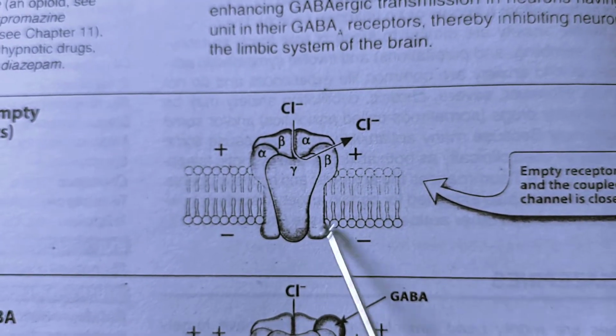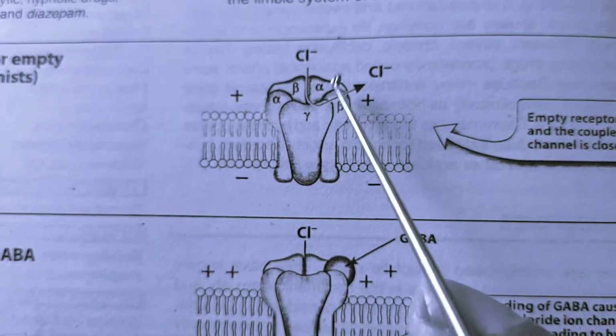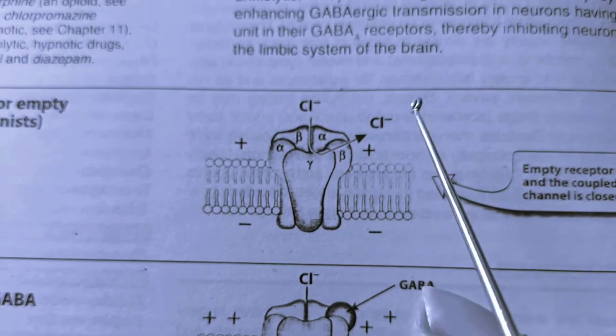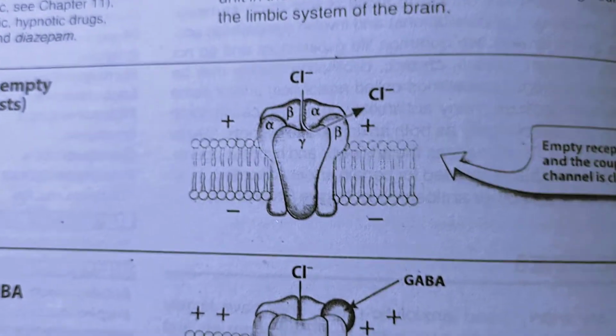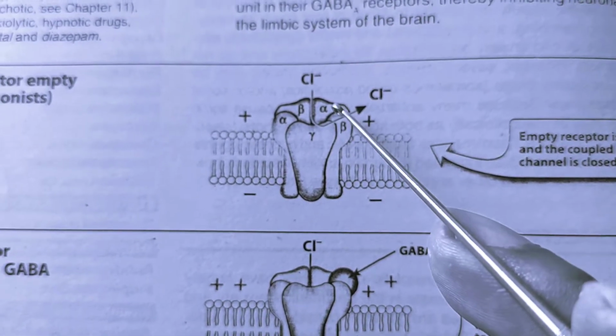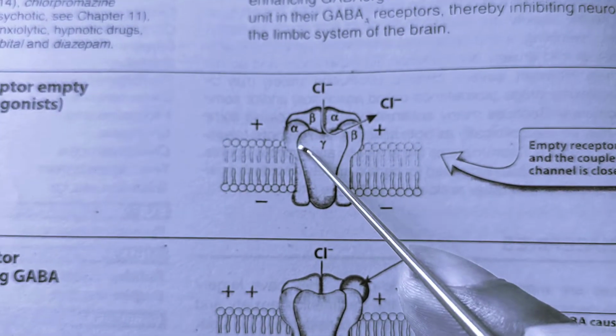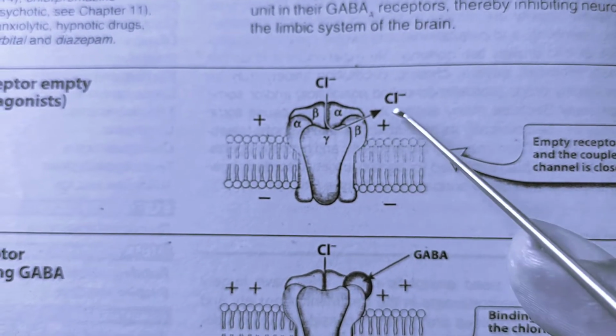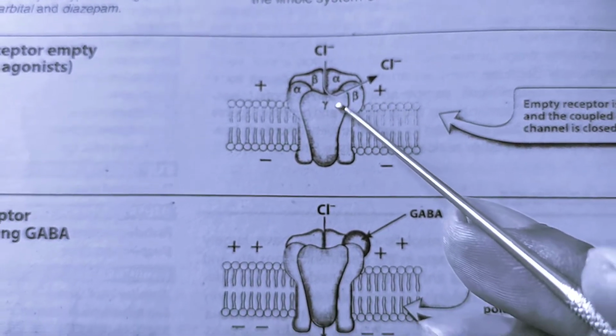And this receptor has different binding sites for different molecules. Here we see the area between the alpha and gamma, the area between the alpha and beta, and here is the beta and gamma.